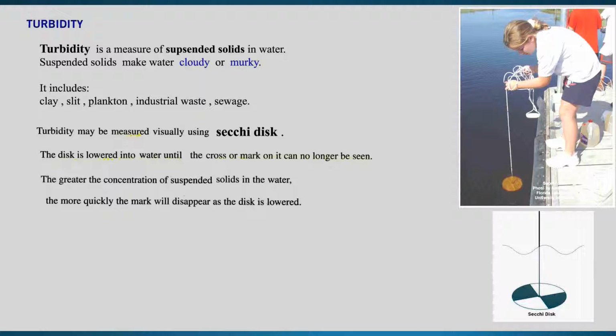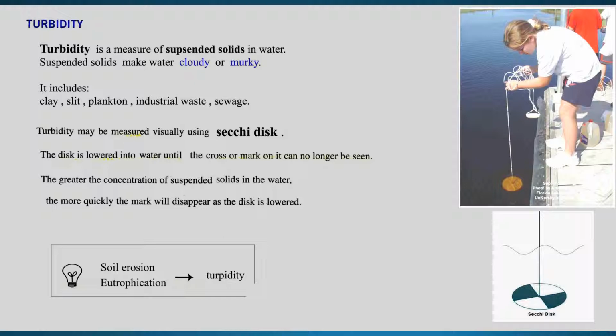The greater the concentration of suspended solids, the sooner the disk disappears. So what causes turbidity? Commonly, soil erosion or eutrophication. They both bring turbidity.